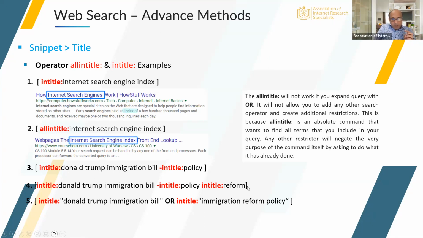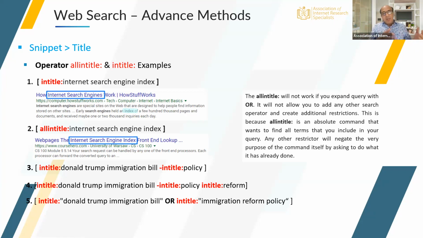Moreover, if you look at the all in title, it is supposed to be an absolute command, which means it will not coexist with another instance of all in title. So it kind of makes it less flexible for you to put it in the query where it would require further restrictors or edit commands to work alongside.